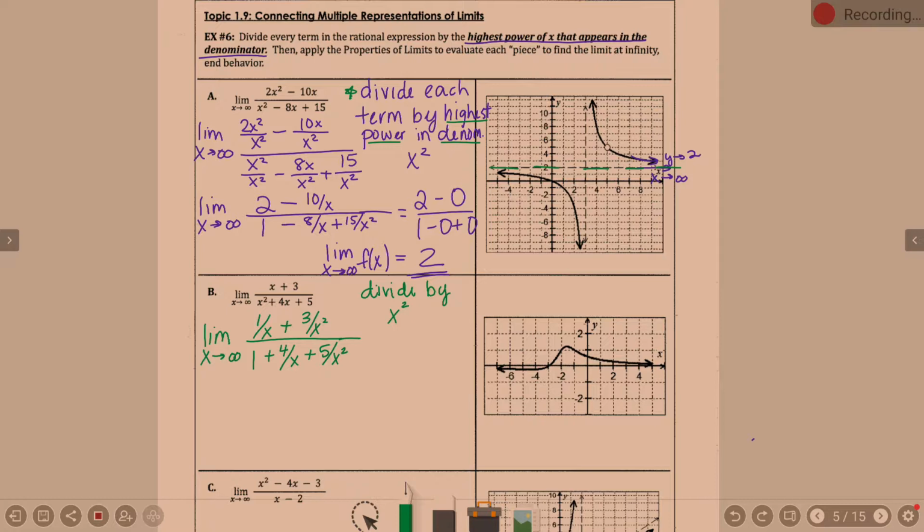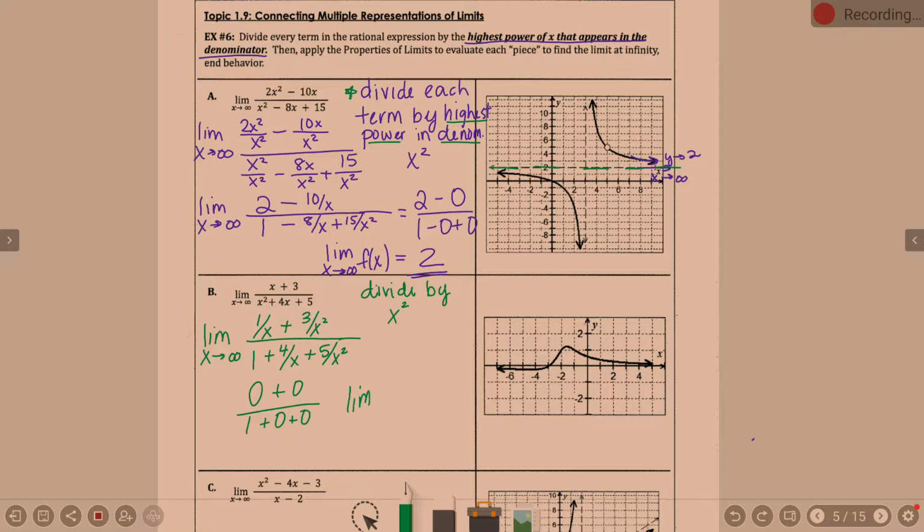What happens is we start putting values in here. As you put infinity, every time you put infinity on the bottom of those fractions, each of those fractions is going to what? 0, yes? So we're going to be looking at 0 plus 0 divided by 1 plus 0 plus 0. And so, what do we know?